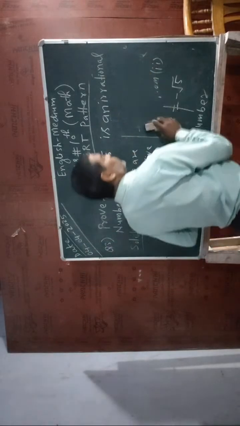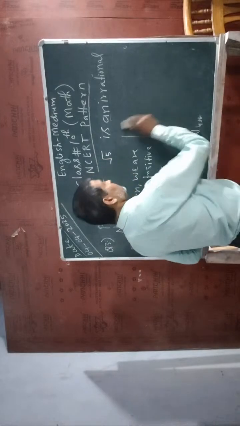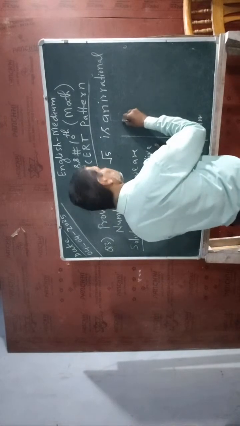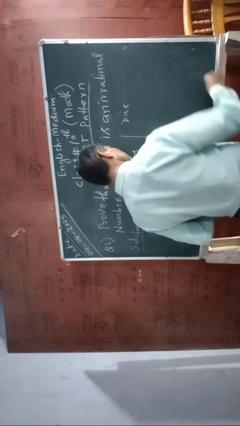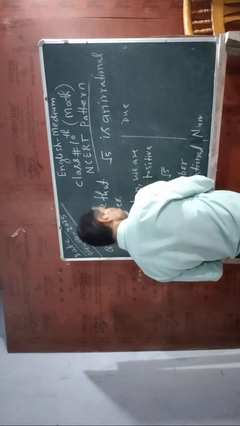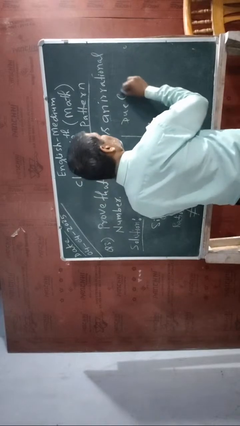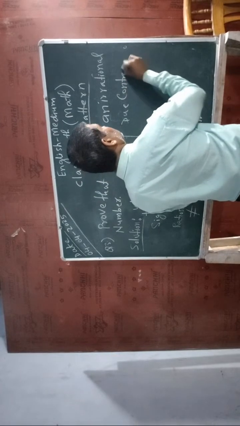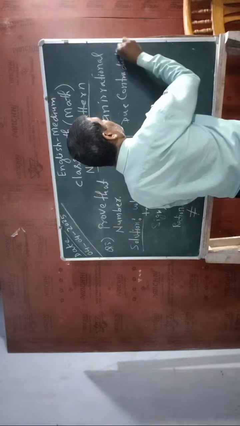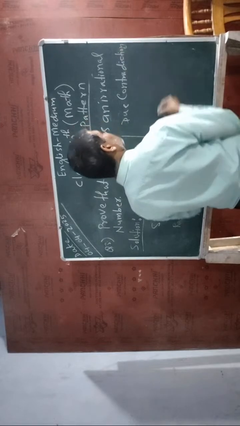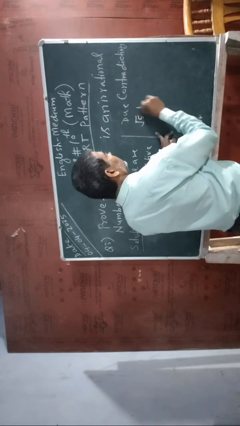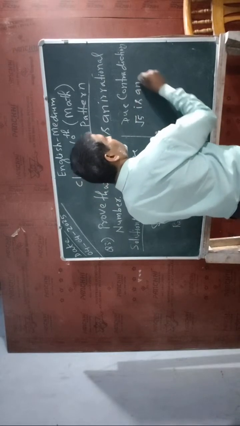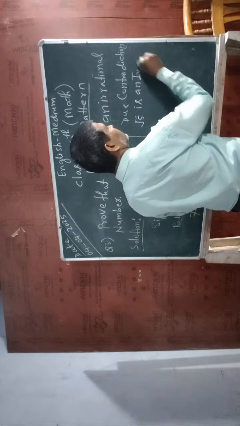So with this contradiction, I will say that root 5 is an irrational number. So here I am going to write after erasing: due to contradiction, root 5 is an irrational number.